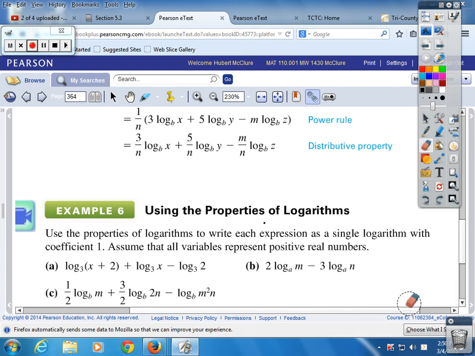We're condensing. We're taking an expanded version and condensing, simplifying, where above we were taking a condensed version and expanding it. Take a couple of minutes to write that down.